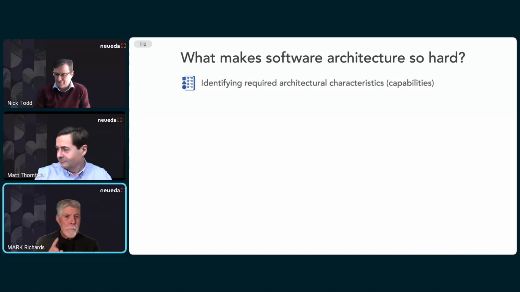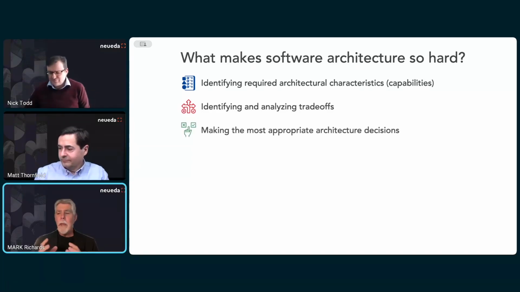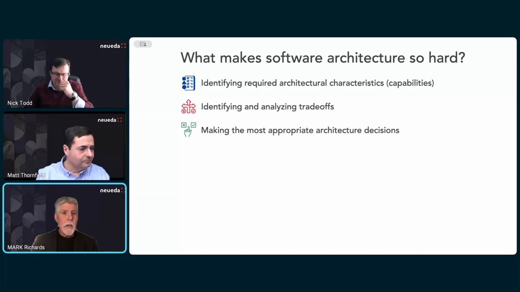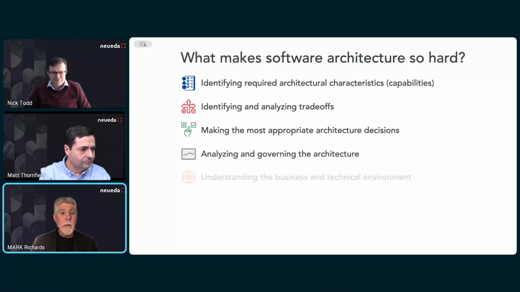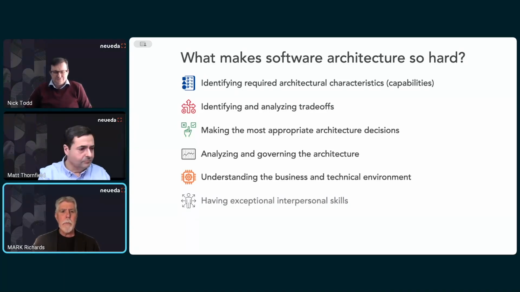And why is it hard? Identifying these architectural characteristics and capabilities of the system can sometimes be quite challenging. Also, identifying and analyzing corresponding trade-offs based on those. Making the most appropriate architecture decision based on those trade-offs and capabilities is key, but also can be challenging. Analyzing and governing the architecture, as well as understanding and getting a grasp of the overall business and technical environment.